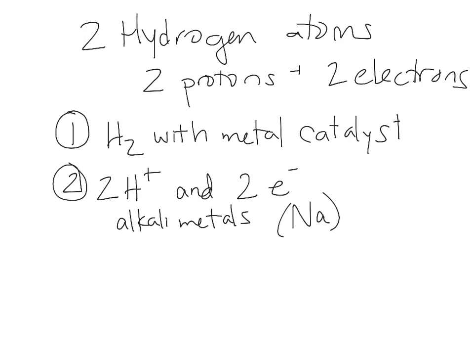And then liquid ammonia, NH3, is going to be your source of protons. These are called dissolving metal reductions because you take the actual sodium metal or lithium metal and you dissolve it in liquid ammonia at really cold temperatures. So that's how this type of reduction works.